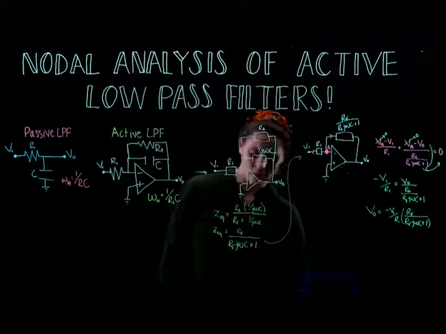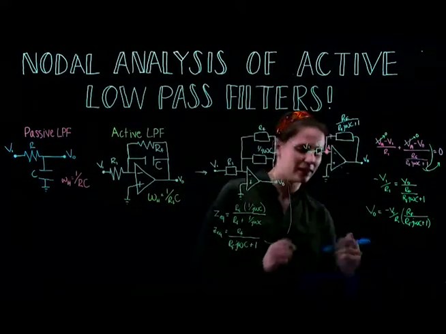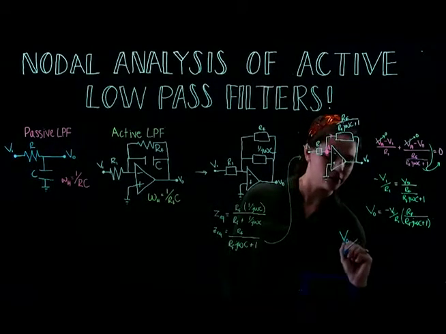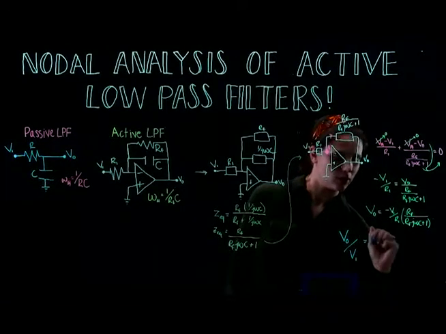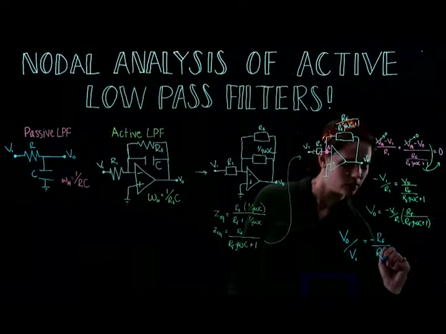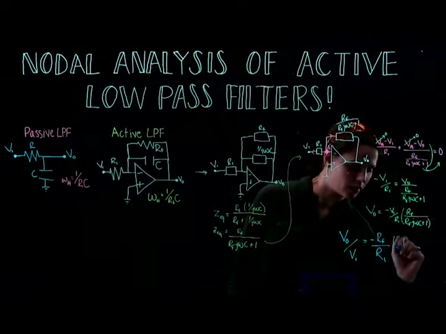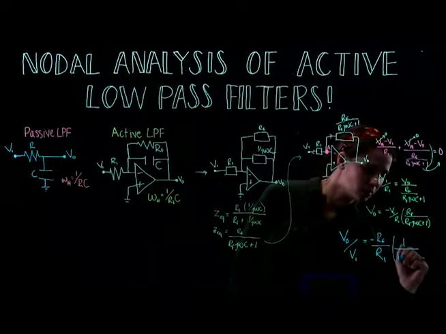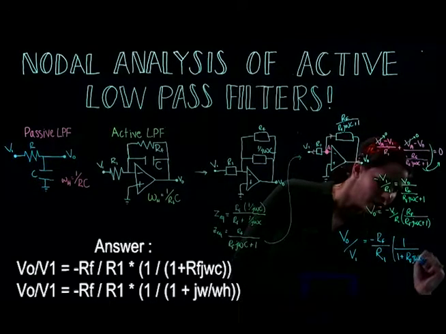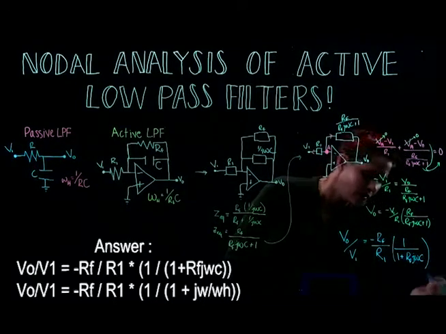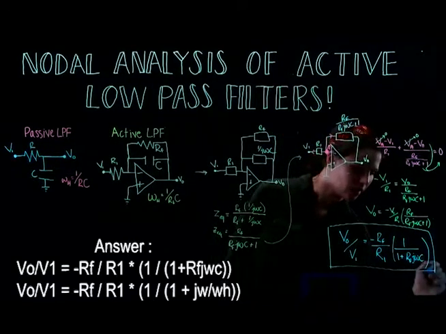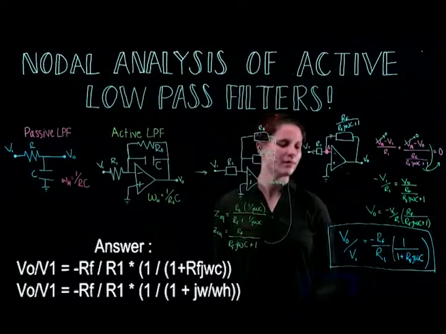So our gain, which I'm going to write in blue and write it really big because this is our final answer, will be V out over V1 equals negative RF over R1 times 1 over 1 plus RF J omega C. And there you go. This is the gain of an active low-pass filter.